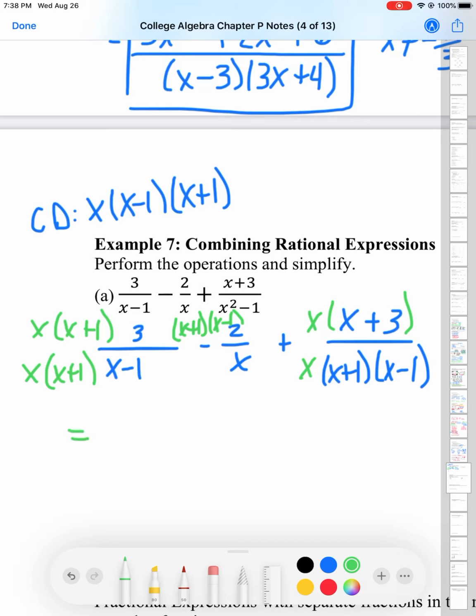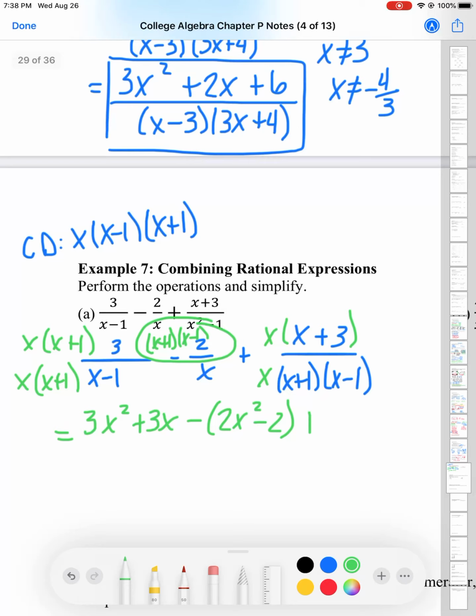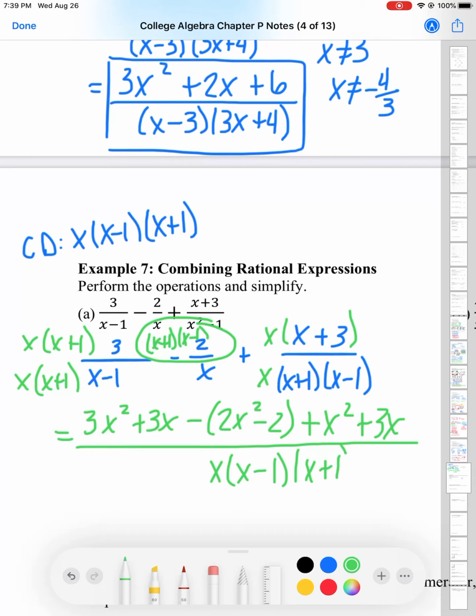So once I distribute, I end up getting 3x squared plus 3x minus, and I have to subtract this. So minus 2x squared minus 2, and then plus x squared plus 3x, and that's all over x times x minus 1 times x plus 1.